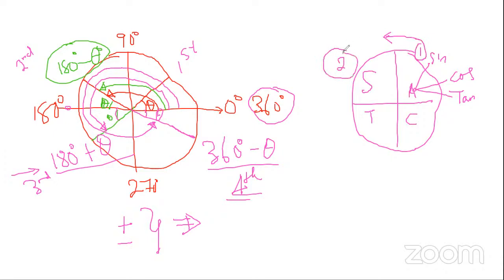So we move anti-clockwise, third, fourth. So where you see S, the S stands for sine. So this means it is on sine here, which is positive. Others are what? Are negative. Yes. So because of time, that is how it is.